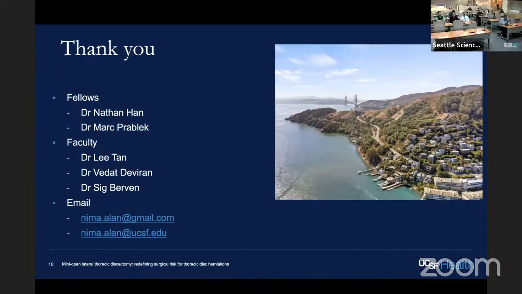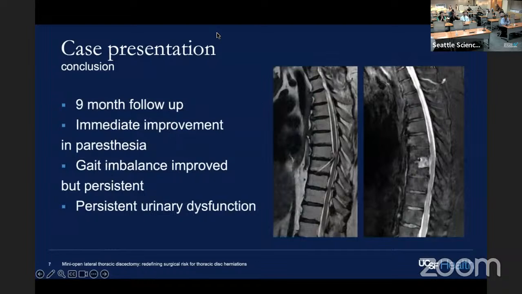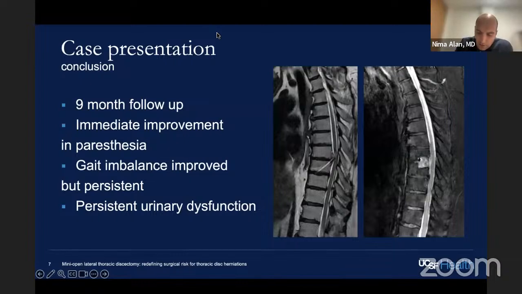Hey, Nima, really quick, did you use navigation? Because I think one of the learning points about any thoracic disc is getting the right level. Yeah, glad you mentioned that, Rod. I put a fiducial marker preoperatively with our IR folks that helps to take away that risk and reduce the cognitive load.